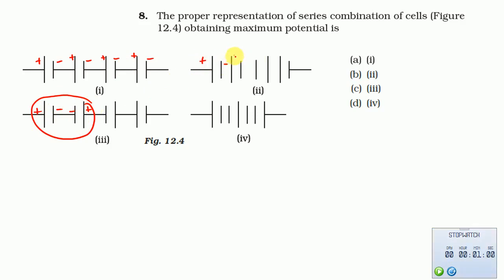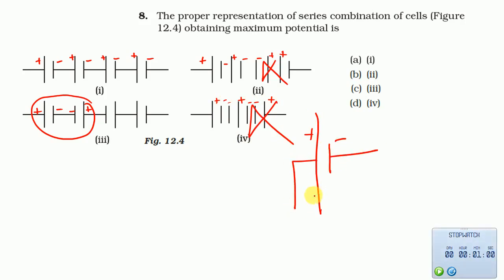This is also plus minus minus plus. So wrong. As you know, the bigger line denotes plus, the smaller denotes minus. Clear or not clear? So the correct option is 1 or A.